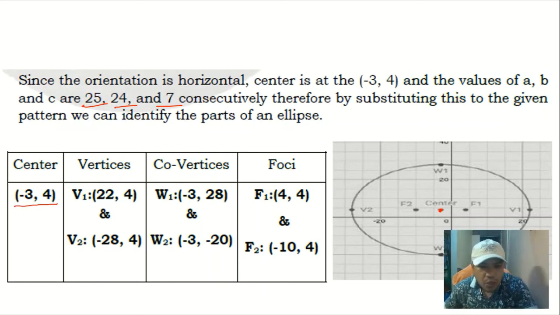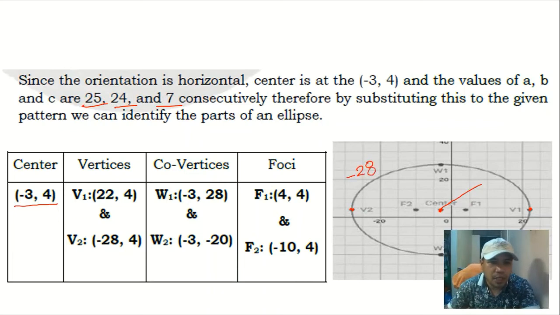Well, so if this is our center, negative 3, 4, papunta doon sa vertex 1 and 2, ang value is 25, ang a. So from negative 3, papunta doon sa isang vertex sa kaliwa, that will be negative 28.